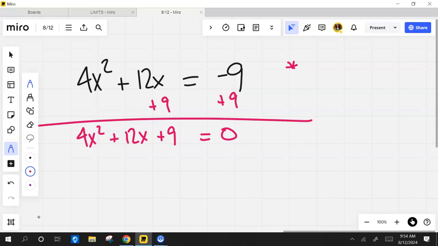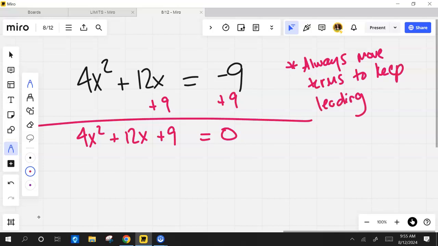The negatives. So look, I'm going to make this little note for you. Write this somewhere in your notes. Always move terms to keep the leading coefficient positive. What's a leading coefficient? Not before the x, but before, move. Always move terms.